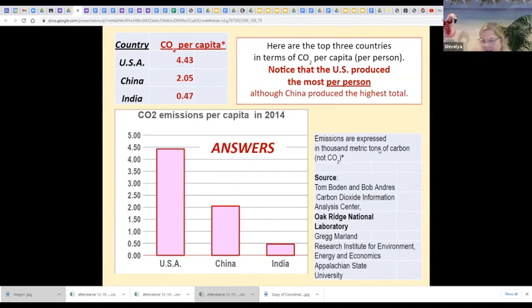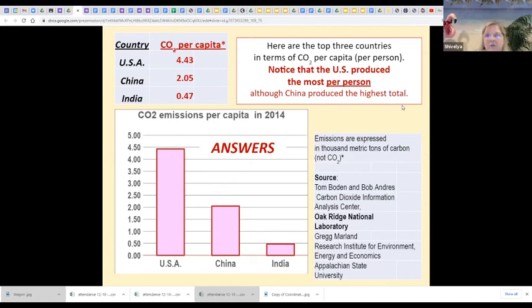I just put in the slide that has the answers on it, but then we ask about those top 3 countries and who puts out the most amount per person. And so again, they're expecting China because they have the most number of people.